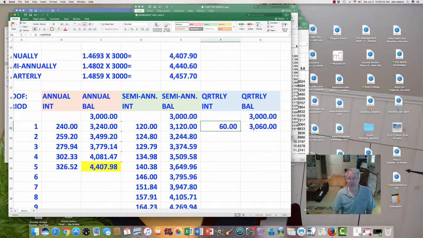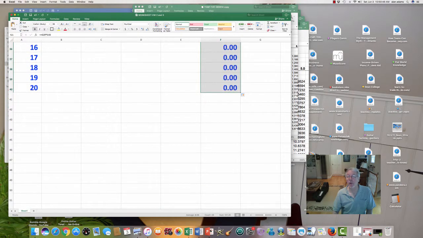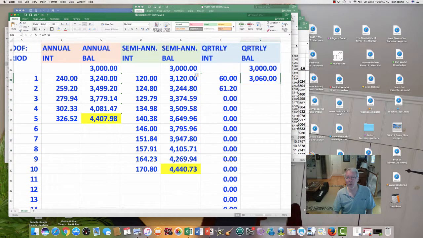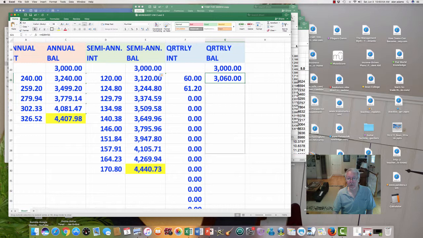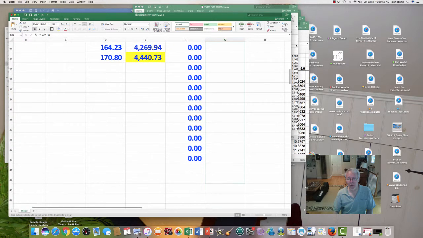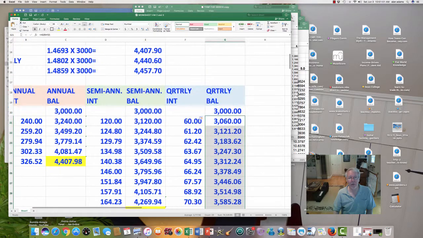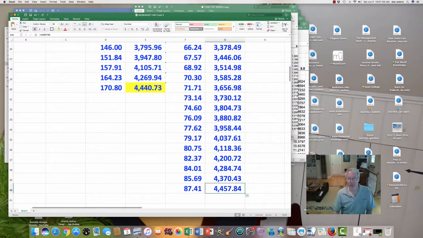Okay, let's try that again. There we are. I take it down to 20 periods, excuse me, not 20 years, 20 quarters. And I do the same thing and see what my money grows to. It grows to 4457.84, 4457.70. Again, close enough.